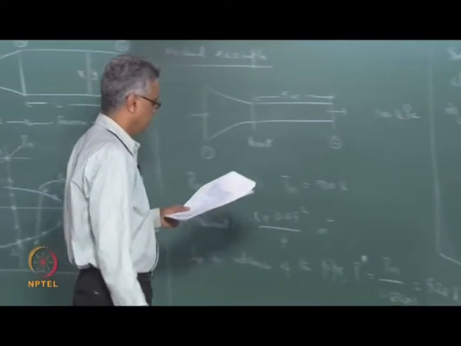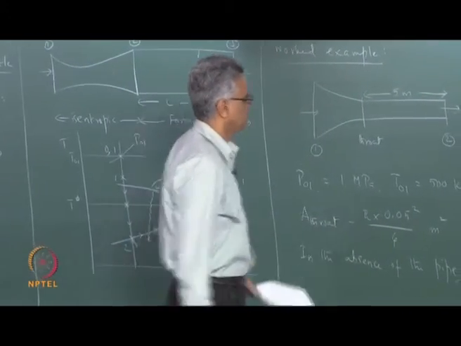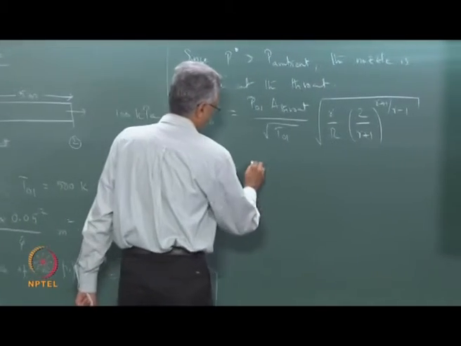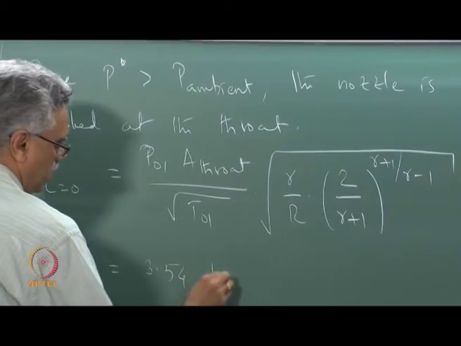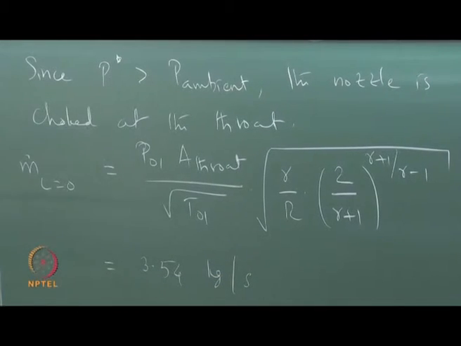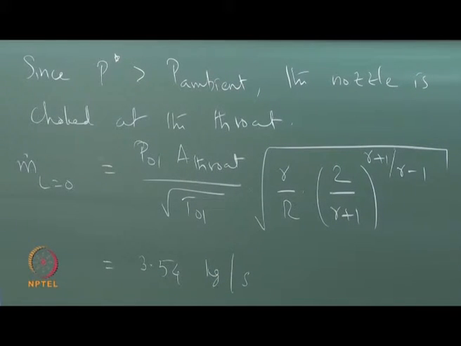And if you plug in the values and take gamma to be 1.4 for this case, you get this to be 3.54 kilogram per second for the case when the pipe is absent.